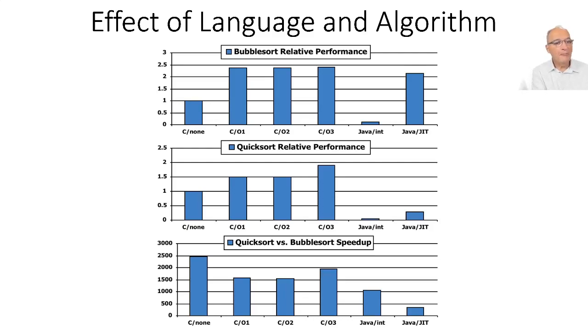And in Java, the quicksort can be 1,000 times faster than the bubble sort for the interpreted version, and close to 300 to 400 times faster for the just-in-time compilation. So it's very important that we learn the lesson from this performance evaluation.